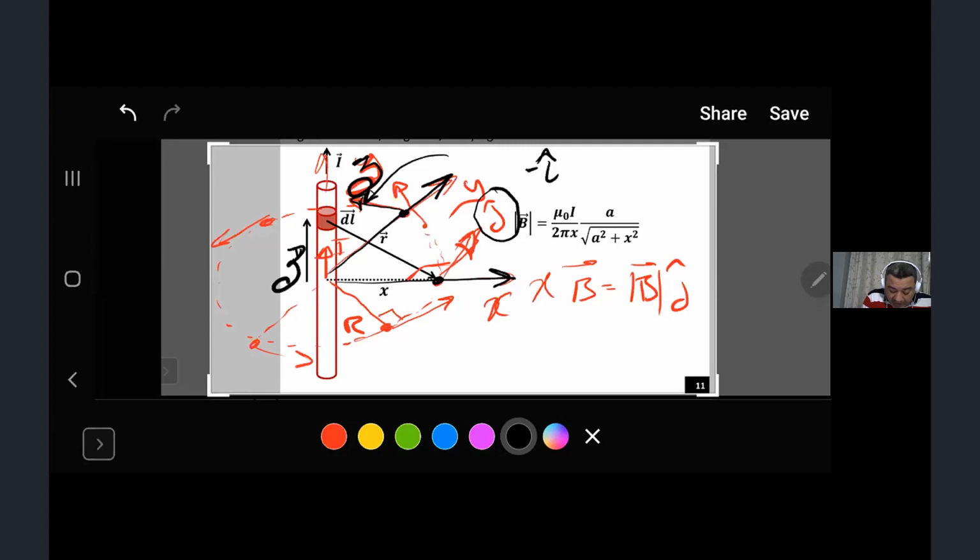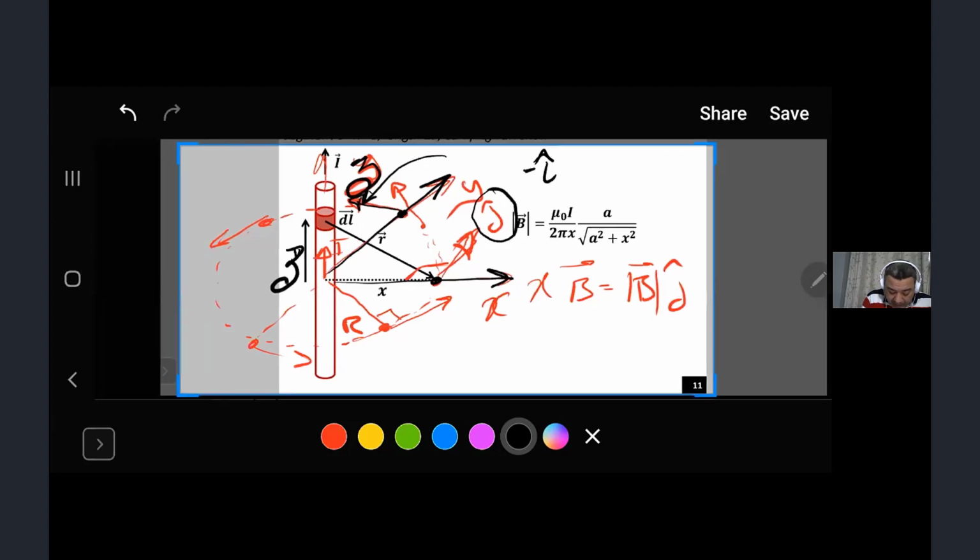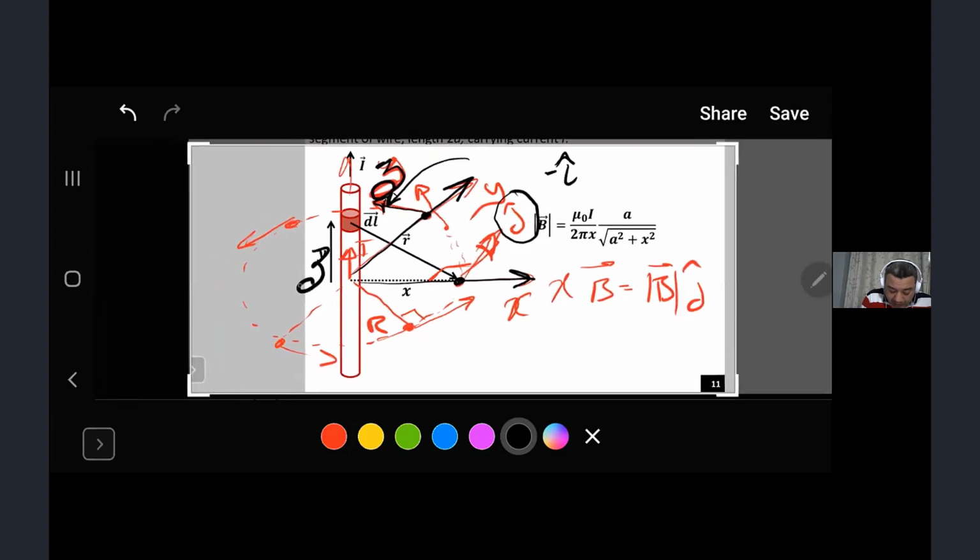If the point is here on the negative x-axis, counterclockwise means the direction of the magnetic field will be pointing this way. Oh, let me fix this one.